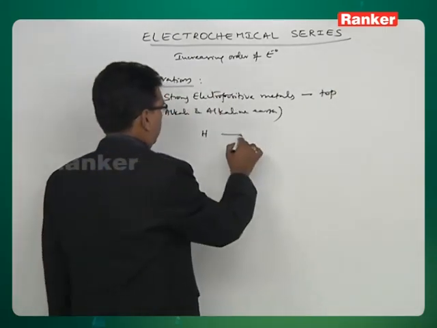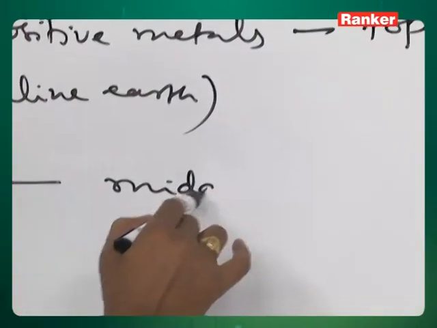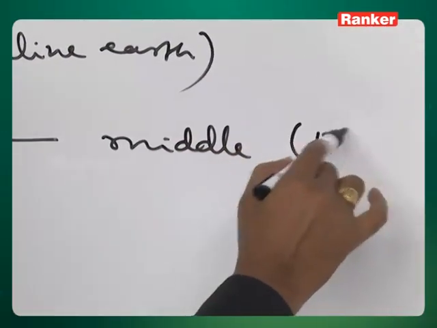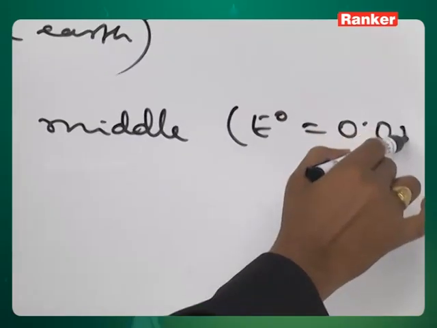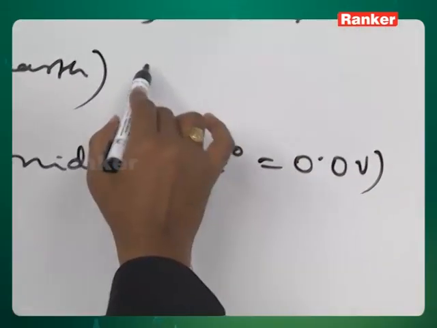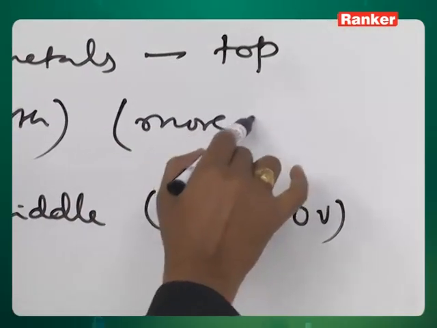Hydrogen is in the middle, with E naught 0; these above it have more negative values.